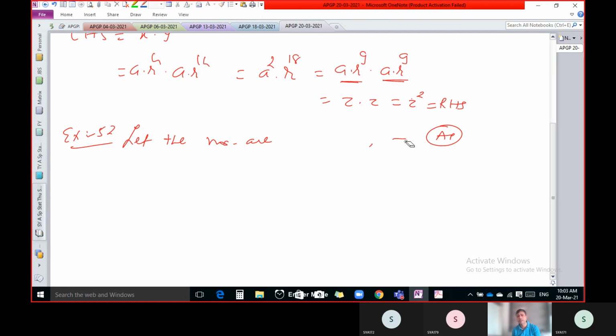So let the numbers be A upon R, A and A into R. Here the product is given, 1000. So multiply.